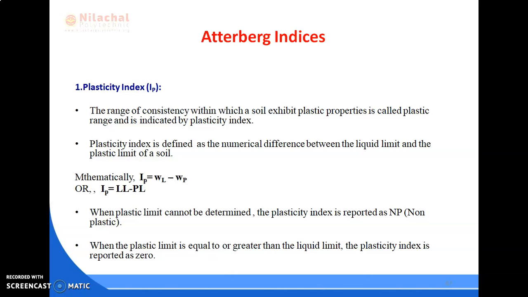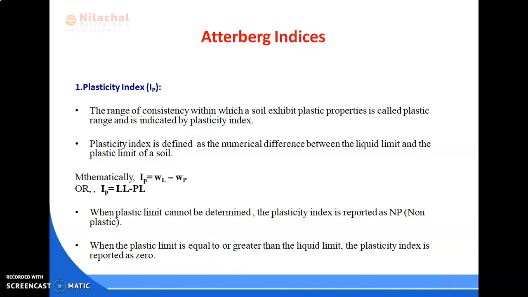plasticity index. So the plasticity index is defined as the numerical difference between the liquid limit and the plastic limit of a soil. So IP equal to WL minus WP, or we can also write IP equal to LL minus PL. And when the plastic limit cannot be determined, the plasticity index is reported as NP, that means non-plastic.